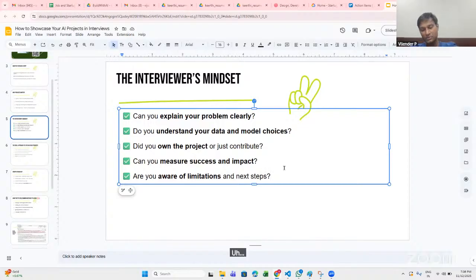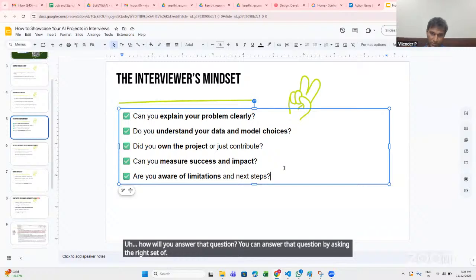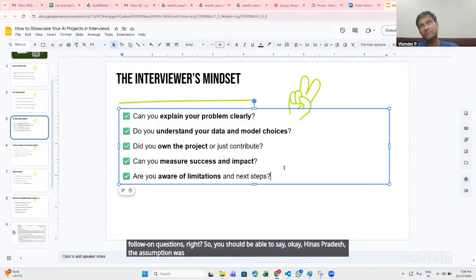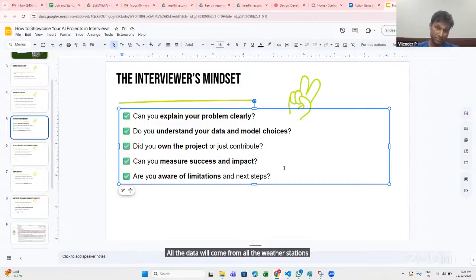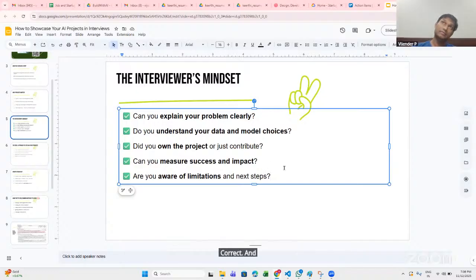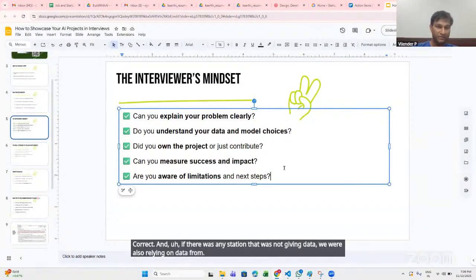How will you answer that question? You can answer it by asking the right set of follow-on questions. You should be able to say, okay, in Andhra Pradesh the assumption we made was that all the data will come from all the weather stations giving temperature. The assumption also was that we will get one hourly data from all the stations, and if any station was not giving data, we were relying on data from private weather stations.